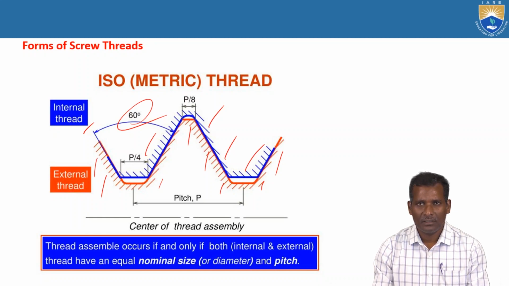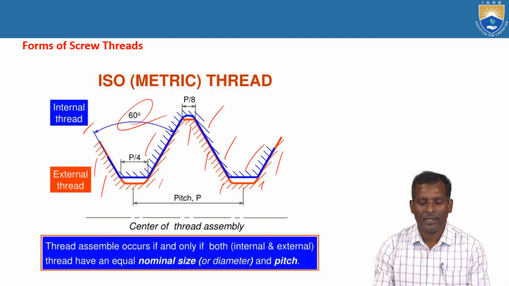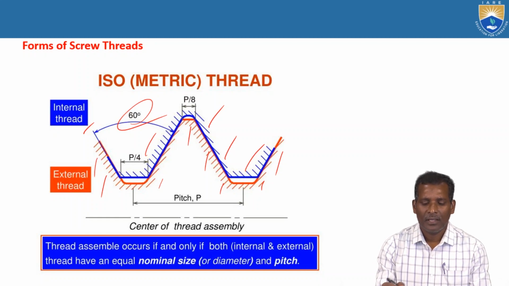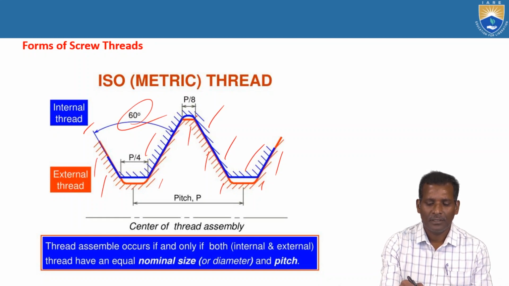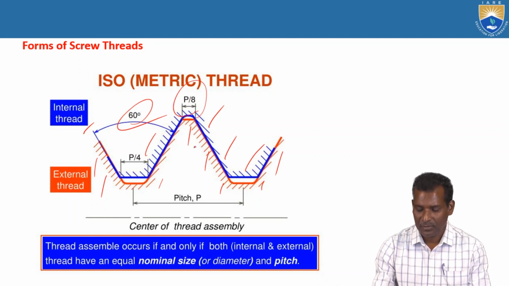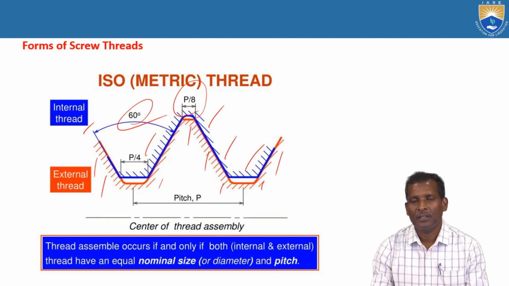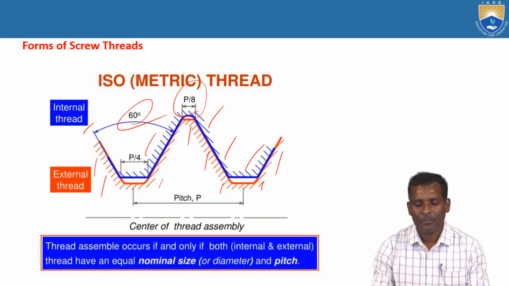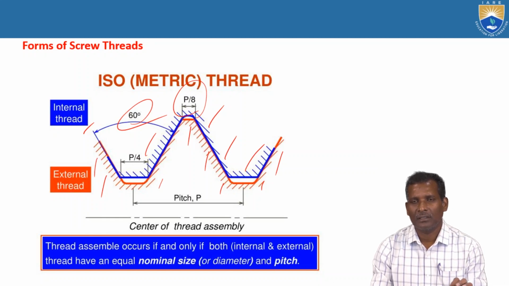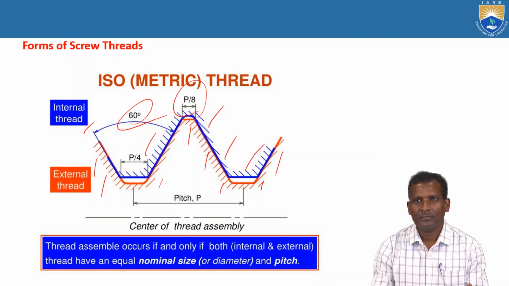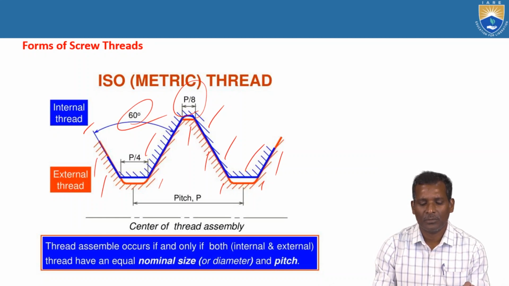So here in this case the angle is 60 and the slope is P by 8, that is the distance between two crest portions.